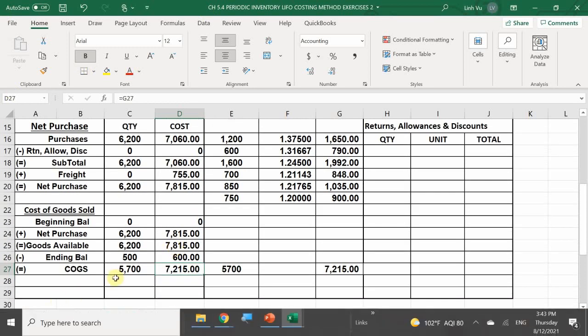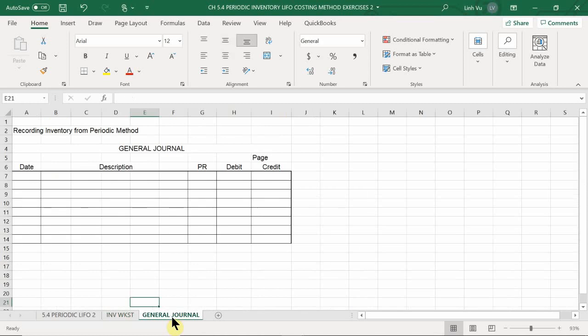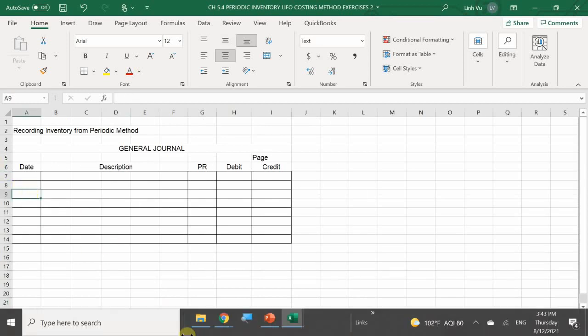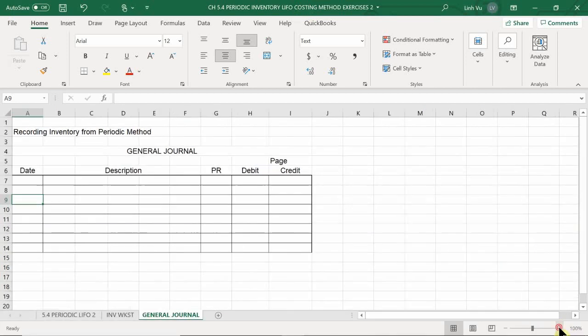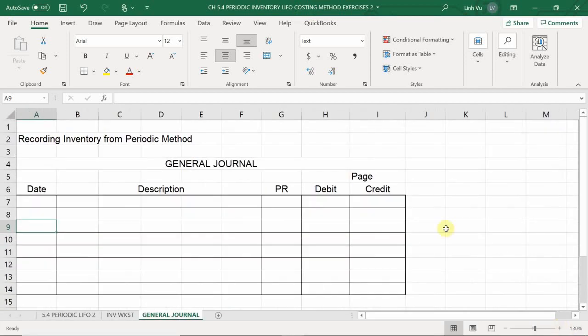So now let's go ahead and complete our last journal entry here, which is to do the conversion entry. So it is June 15, my bad, June 15. So in this case, what am I going to journalize? How do I do my conversion entry?